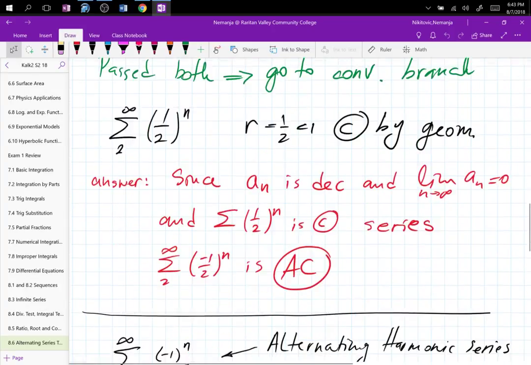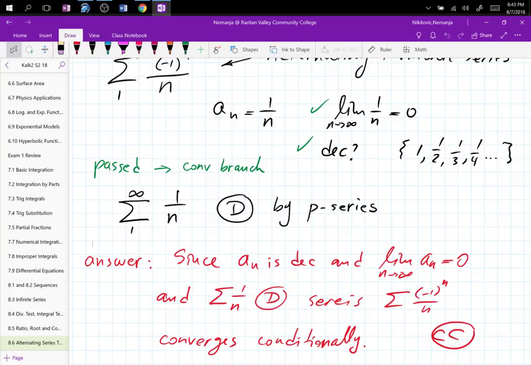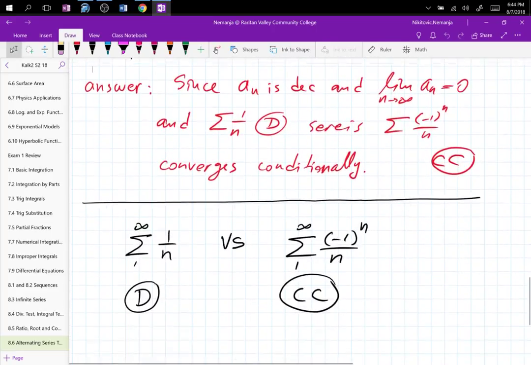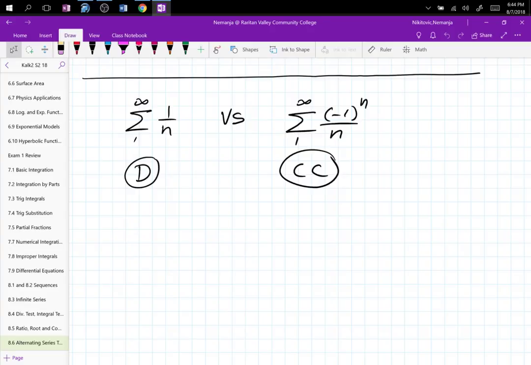The next one converges only under the condition that the alternating term is present, and that's that. So now we could do another example. We had the example for absolute convergence, we had the example for conditional convergence, and over here I also mentioned that this is conditional convergence because if we remove (-1)^n, it becomes divergent.